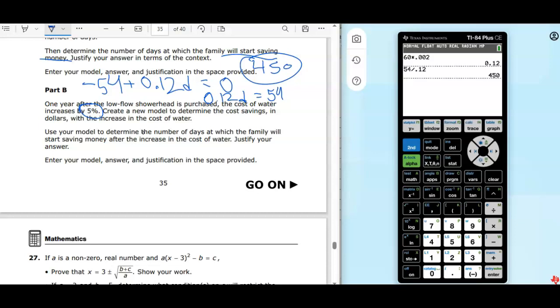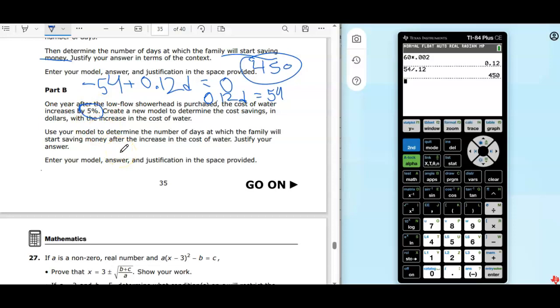So this is 1 year after the low flow shower head is purchased, which means they've already been using this shower head for 365 days, right? So now our savings is going to look a little bit different because it's increased by 5%.